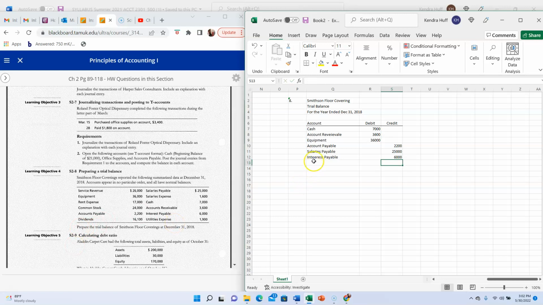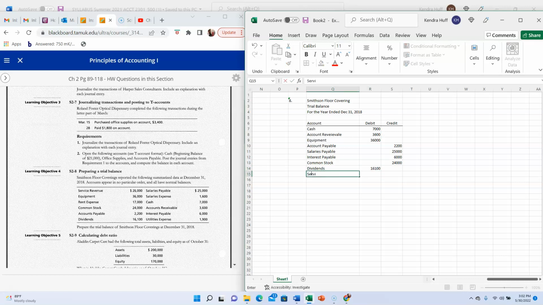All right, I think that's it for my liabilities. Now I need my equity accounts. I have common stock. It has a credit balance. And then dividends. Dividends have a debit balance.